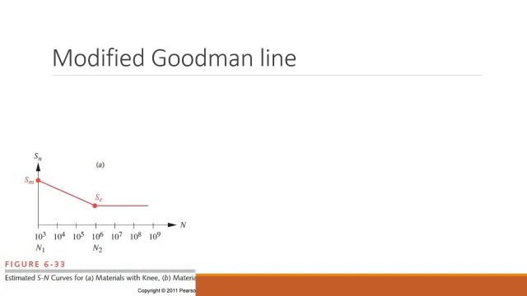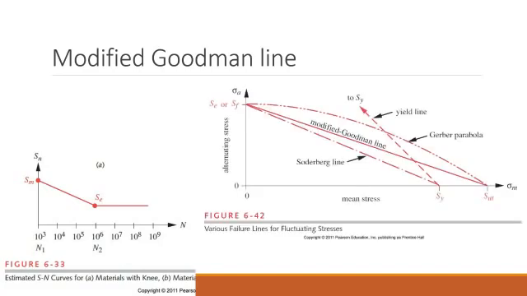The other important graph to consider is this one, and if you notice on the x-axis we are graphing the mean stress, and on the y-axis we're graphing the alternating stress. The cases we've considered so far reside only on this line right here where the mean stress is equal to 0.